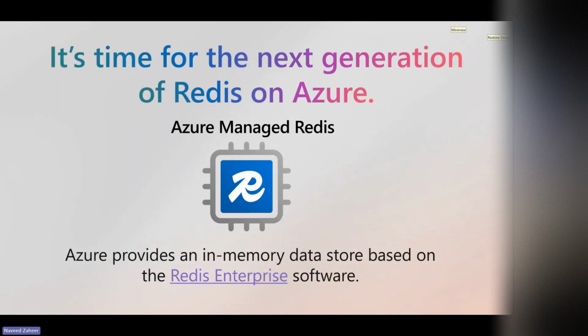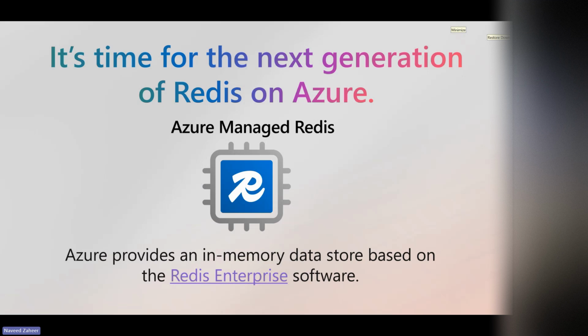First of all, why do you need another cache offering? We have Azure Cache for Redis. Basically, Azure Managed Redis is built from the ground up on Redis Enterprise. The other cache, Azure Cache for Redis, was basically built on top of the community version, which is 4 or 6.